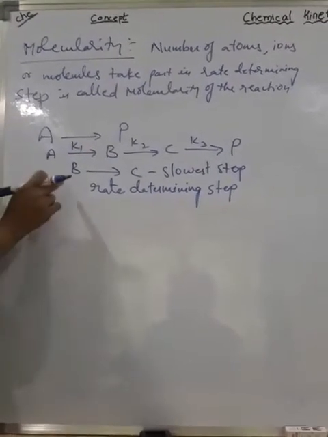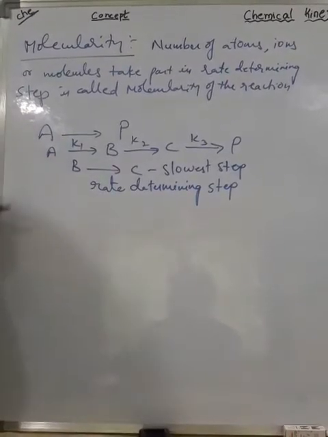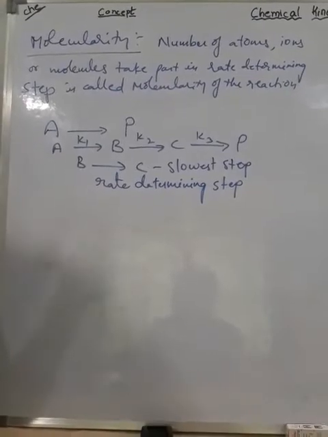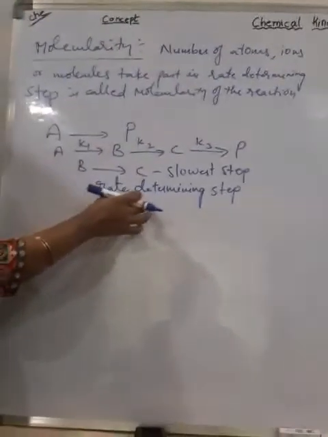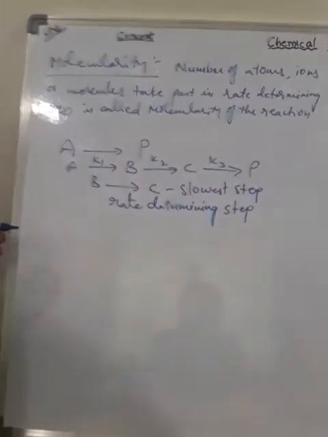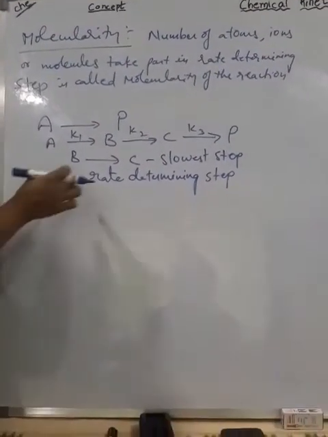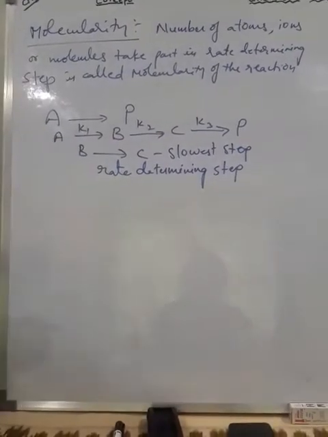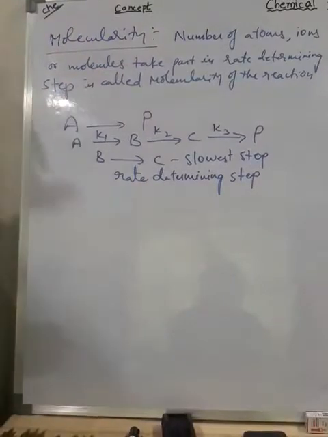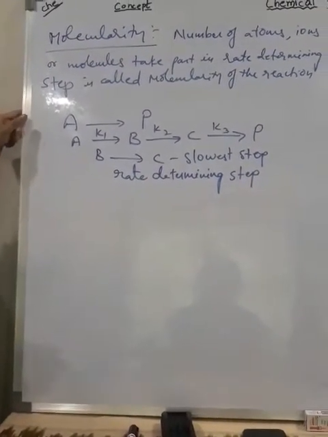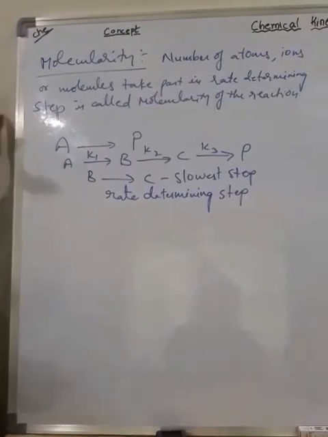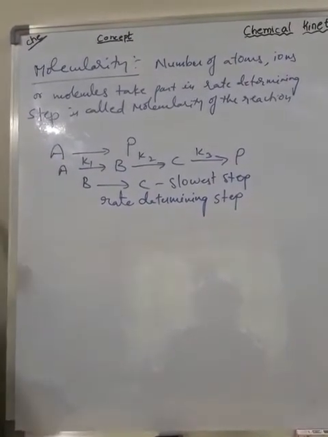Whatever the number of molecules, atoms or ions present in this step is indicated by the molecularity. So molecularity is the number of atoms, ions or molecules which take part in the rate determining step. This is called the molecularity of the reaction.